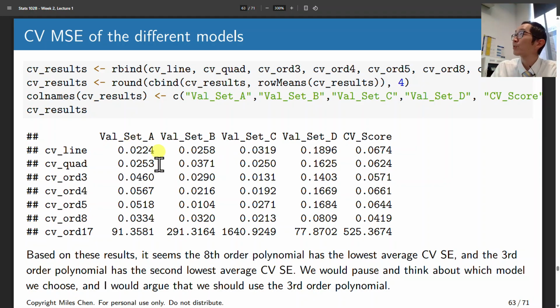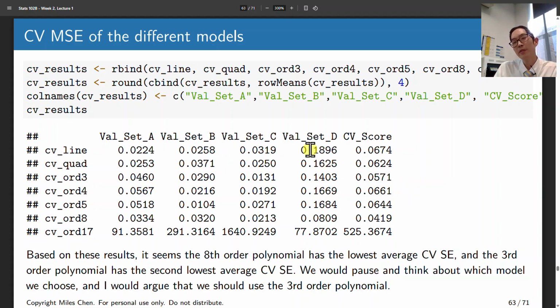So we do this for all 4 validation sets, and then we take the average of these things. So, for the linear fit, my cross-validation scores were 0.0224, 0.0258, 0.0319, and 0.1896. And when you average all 4 of these, you get 0.0674, and so on and so forth.